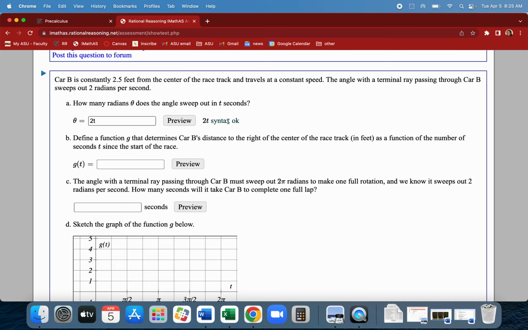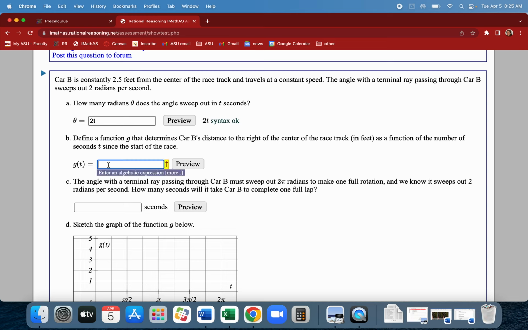So in terms of writing out these expressions for horizontal or vertical position, instead of theta, if I want to write this in terms of the number of seconds that have gone by, I'm going to write 2t in those spots. And then the other thing, our radius. This car B is traveling with a radius of 2.5 feet from the center of the circle.